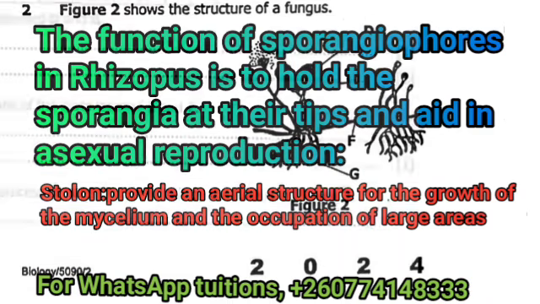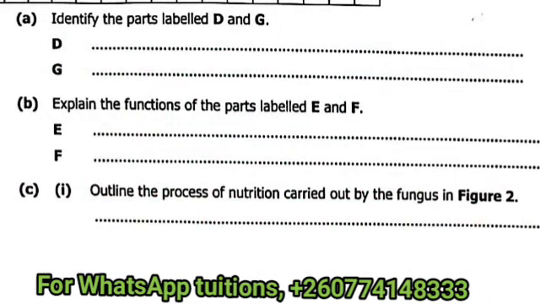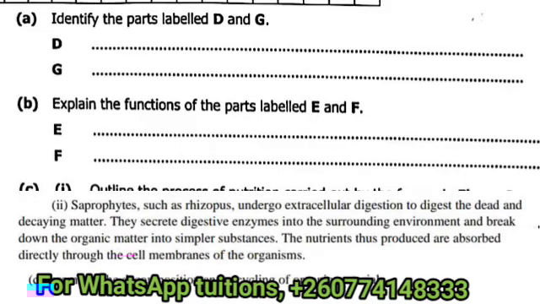C one, they are saying outline the process of nutrition carried out by the fungus in figure 2. So this is the process. Rhizopus undergoes extracellular digestion to digest the dead and decaying matter. They secrete digestive enzymes into the surrounding environment and break down the organic matter into simpler substances.